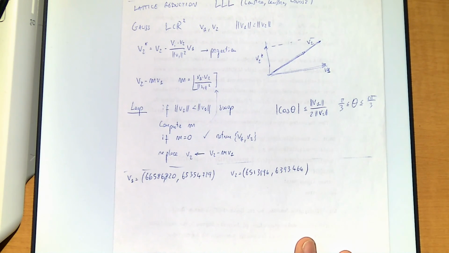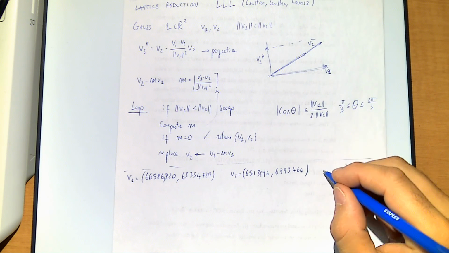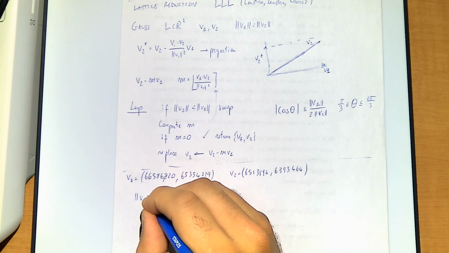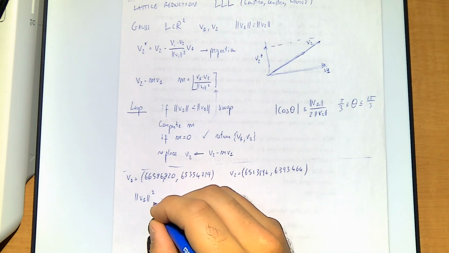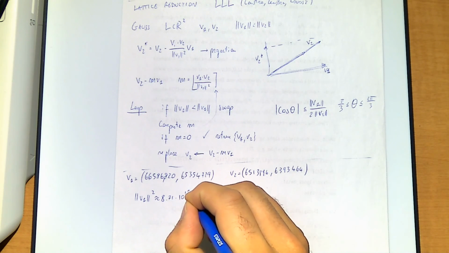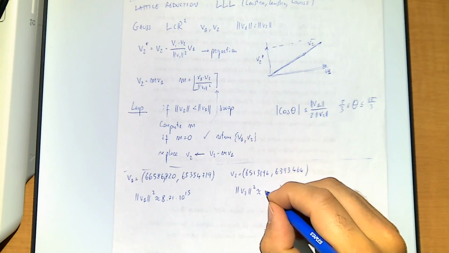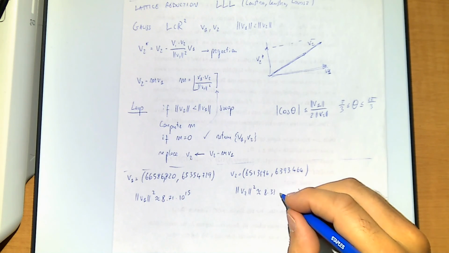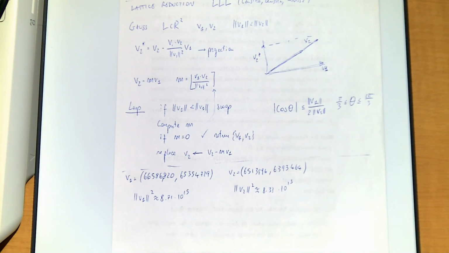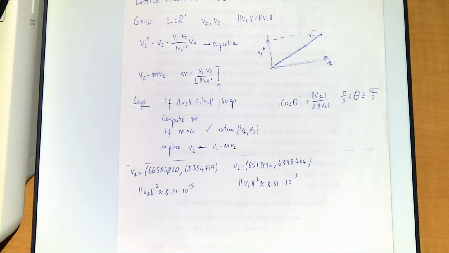I'm going to try to reduce it, and what I'm going to do is, of course, compute our norms. Norm of V1 squared is really big, something like 8.71 times 10 to the 15. Norm of V2 squared is something like 8.33 times 10 to the 13, so a little bit shorter. This is shorter than that, so we swap them. And then we subtract a multiple of V1 from V2.